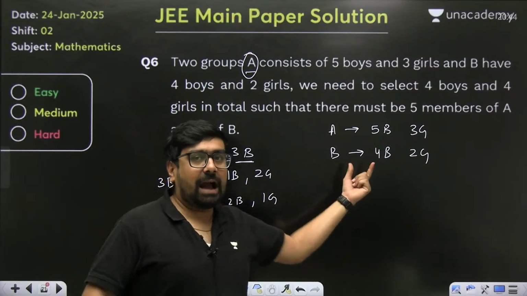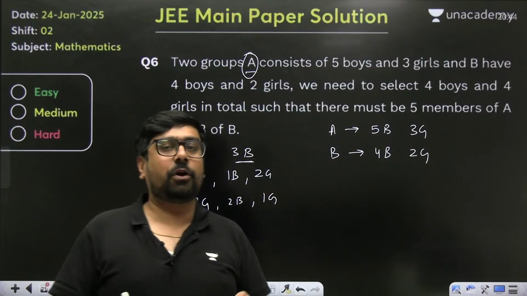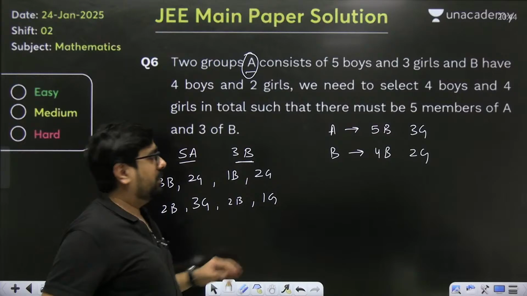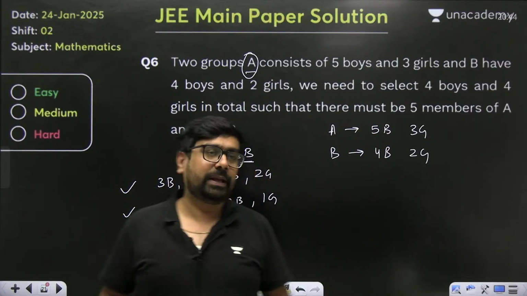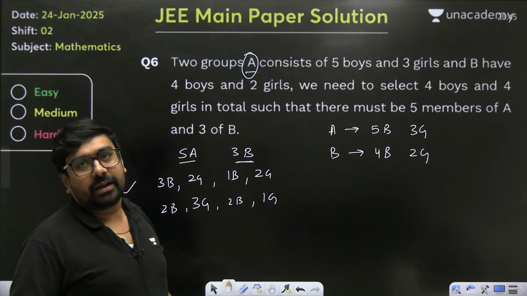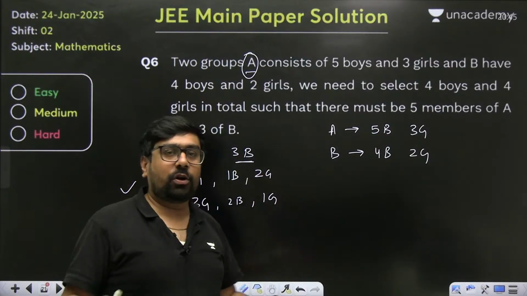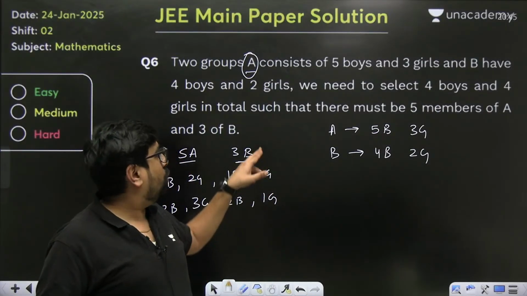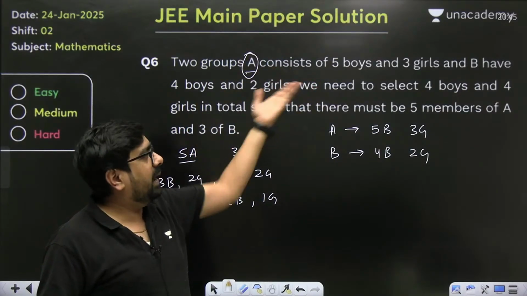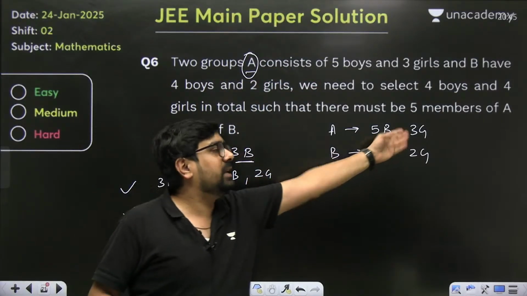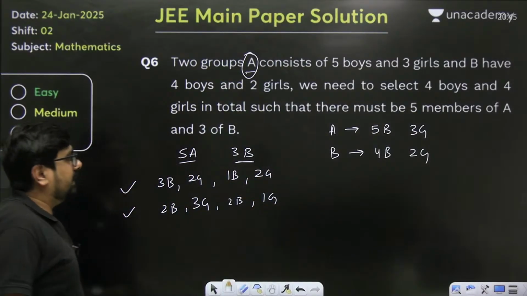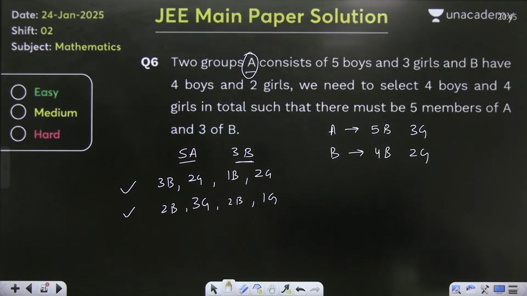So we have to pick at least 1 girl from group B. So I think only 2 cases are possible, because now there is no more restriction on group B. Only girls of group B will decide everything. Group A does not have 4 girls, so only 2 possible cases are there. Check once. Can there be any other case?